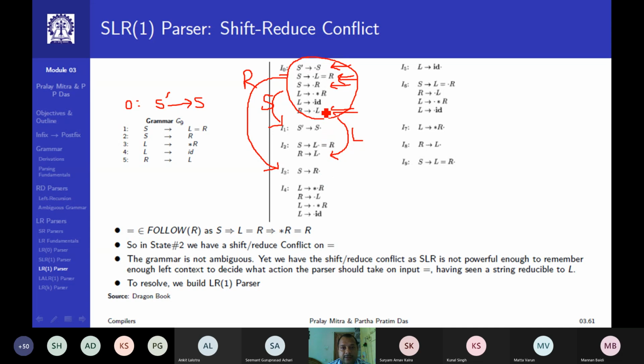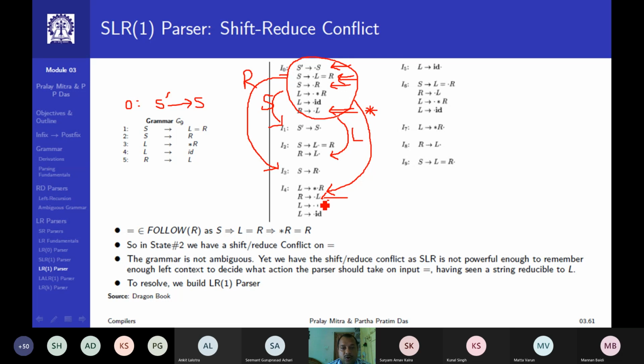Then if I see the terminal multiplication or star, I will move from state 0 to state 4, the first item of state 4. Now you see the first item of state 4 indicates that the dot is on the left hand side of R. So production rule 5, the first item of that, R derives dot L, will be included here.